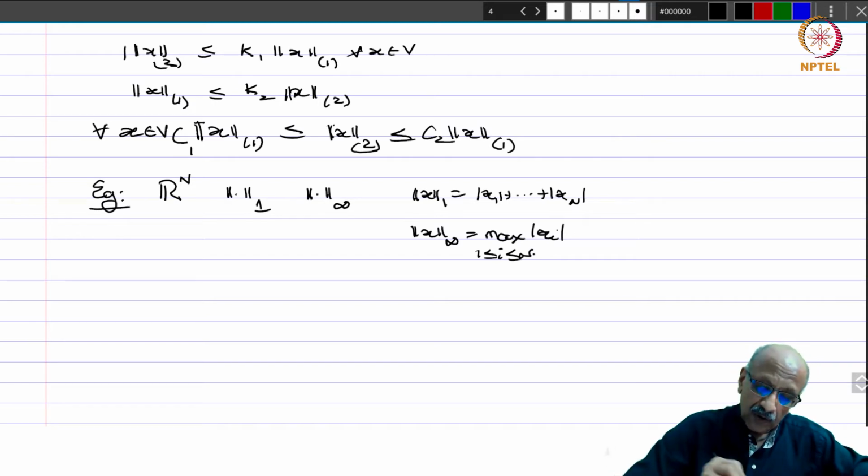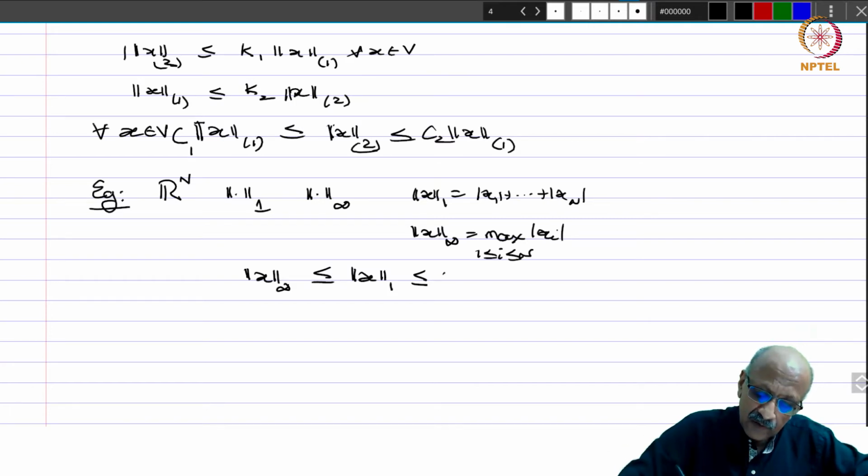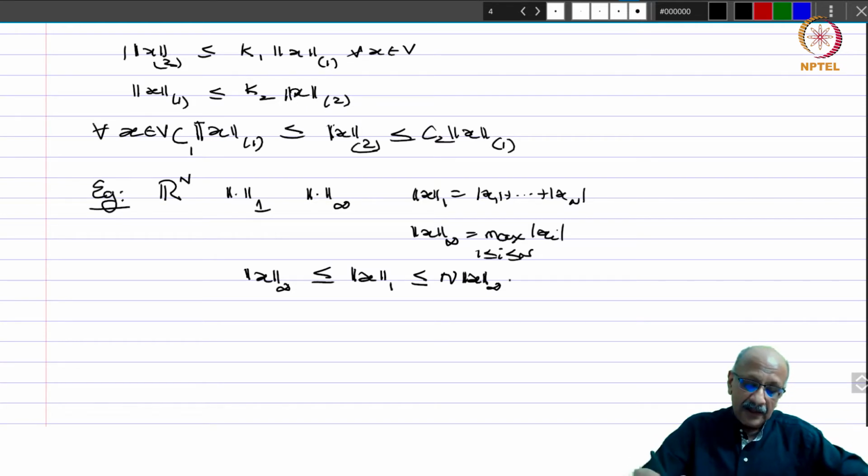And therefore, we have that norm x infinity is certainly less than or equal to norm x1, and norm x1 is less than, so each one is less than the maximum, and so this is less than or equal to n times norm x infinity, and therefore these two norms are equivalent.